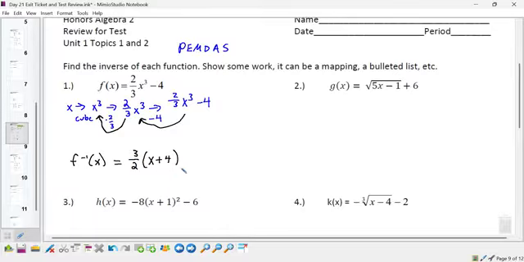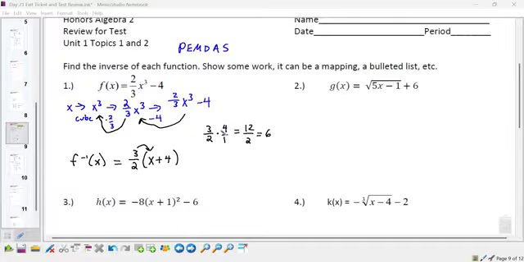Okay. And I can actually distribute the 3/2. Remember, dividing by 2/3 is like multiplying by 3/2. And if I multiply by 3/2, I'll get 3/2 x. And then 3/2 times 4. Well, 3 times 4 is 12, 2 times 1 is 2, and that gives me 6.